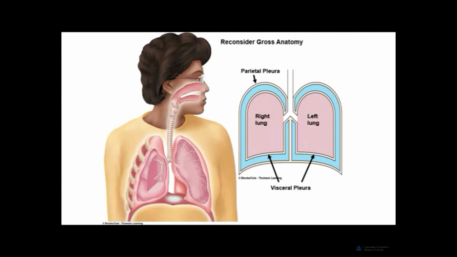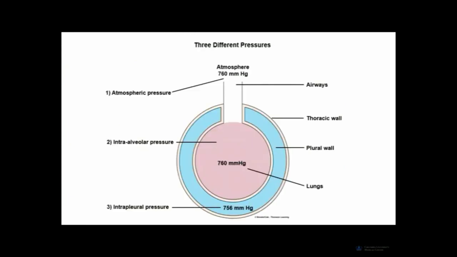For inhalation, we have to make the pressure within the lungs less than atmospheric. And for exhalation, we have to make the pressure within the lungs greater than atmospheric. So how do we do that?